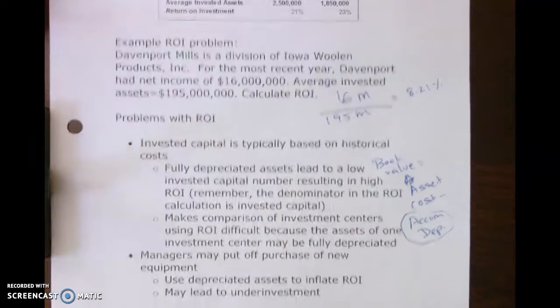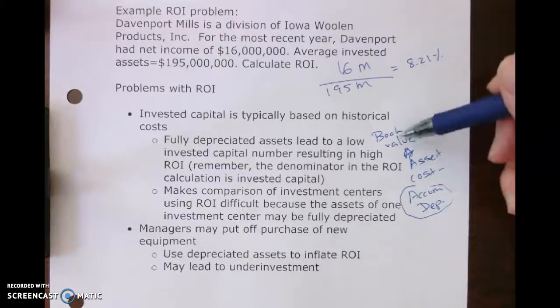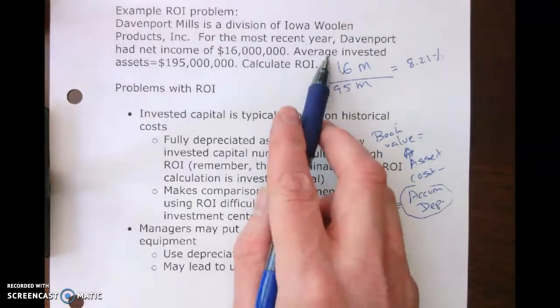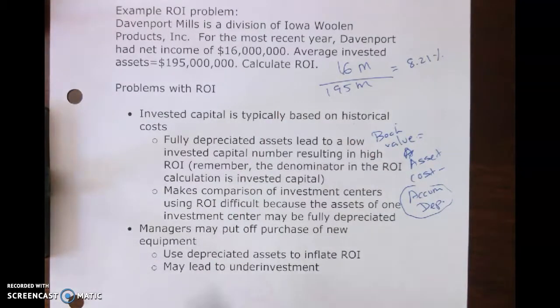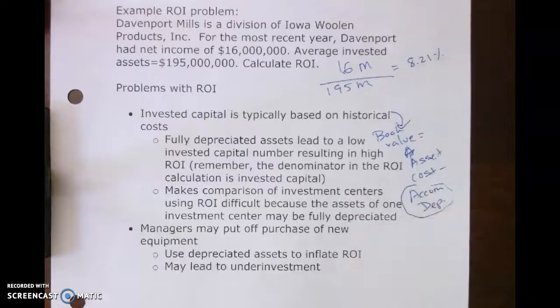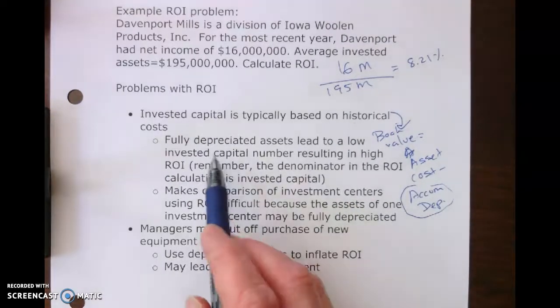Okay? Now, this book value is the value of our invested assets. When we talk about the value of our invested assets, that's based upon historical costs, which means the book value.